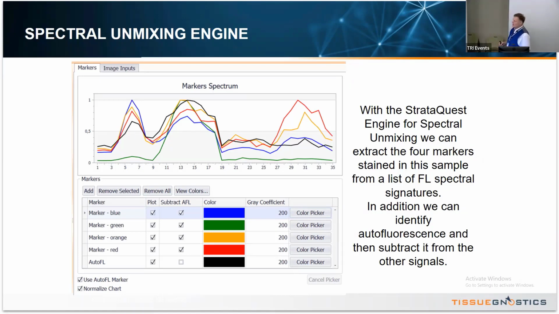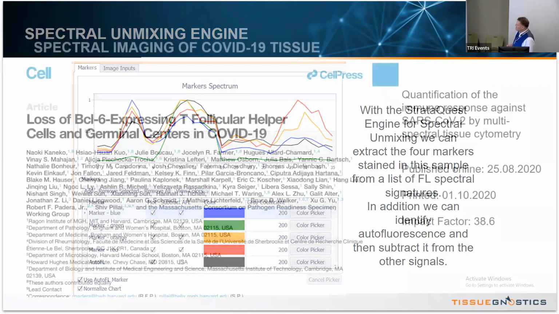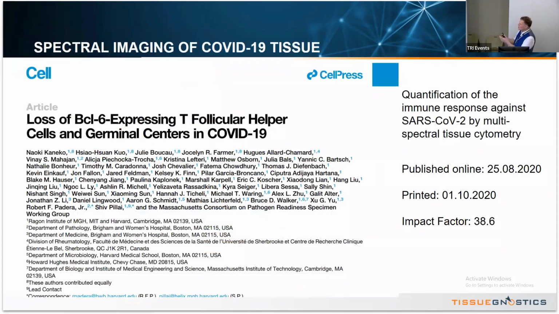So you cannot just use bandpass filters to detect. You have to apply a mathematical procedure that is called linear or spectral unmixing that allows you to compute how much from the total emission that the system detects using a liquid crystal tunable filter comes from which of the fluorochromes.